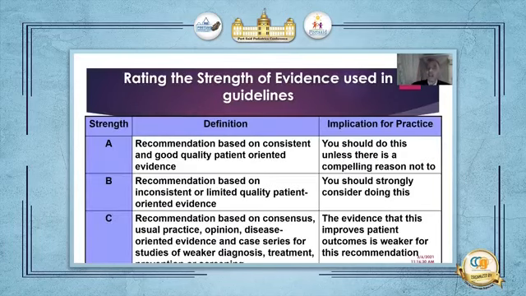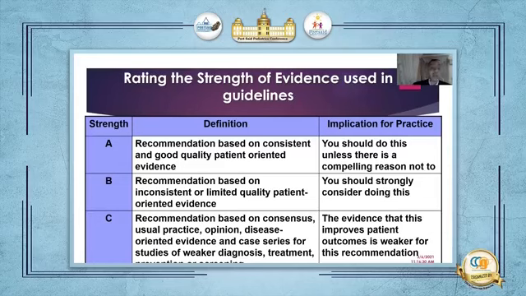And what is the meaning of these levels of recommendation? If it is A, its definition is recommendation based on consistent and good quality patient-oriented evidence. What does it mean? It means you should do this unless there is a compelling reason not to.